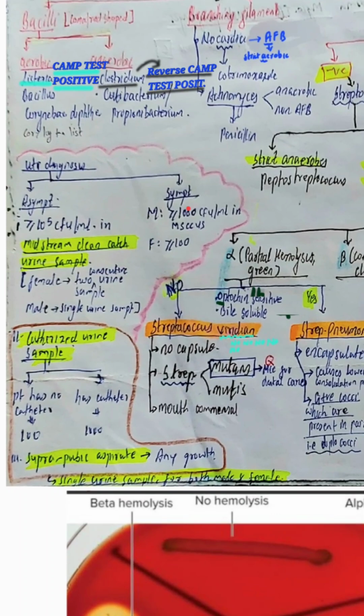But if they are symptomatic, in males it should be 1000 colony forming units per ml, and in females only 100. Catheterized urine sample: if you have inserted a catheter and after that taken a sample for UTI.